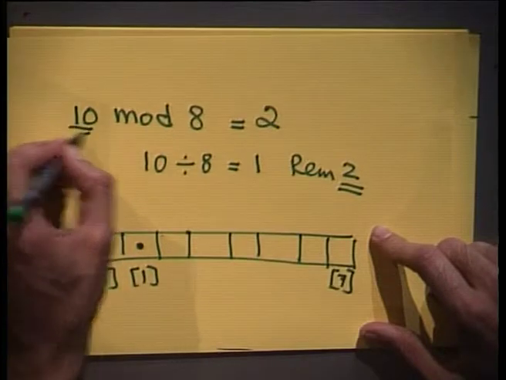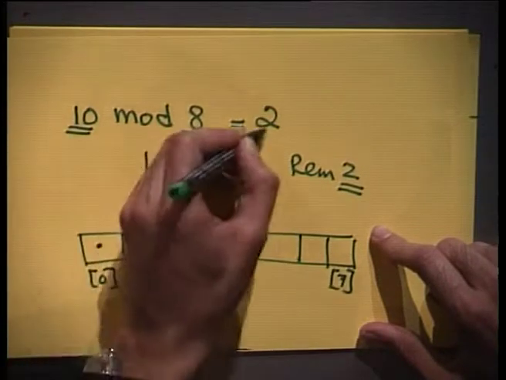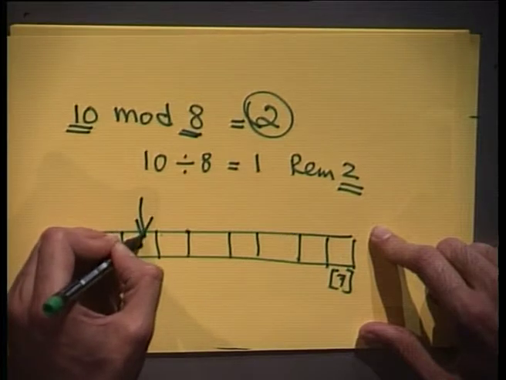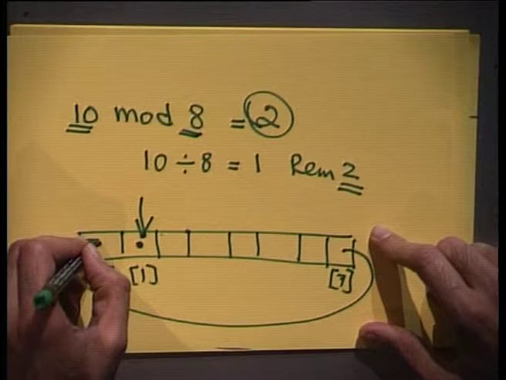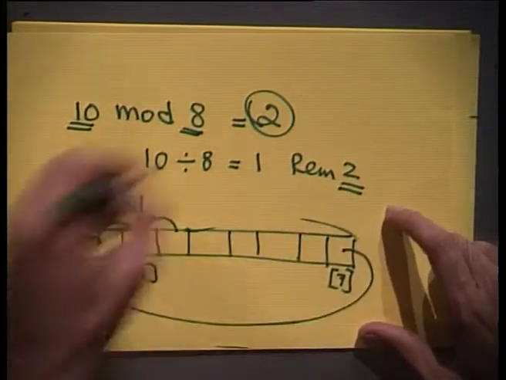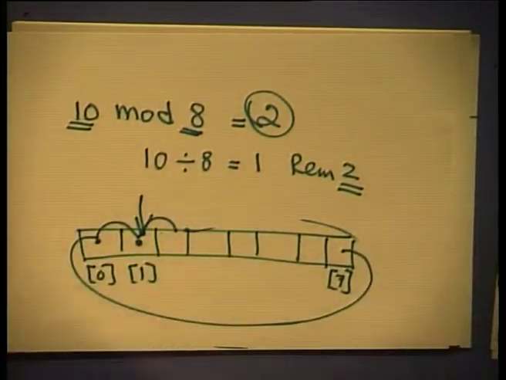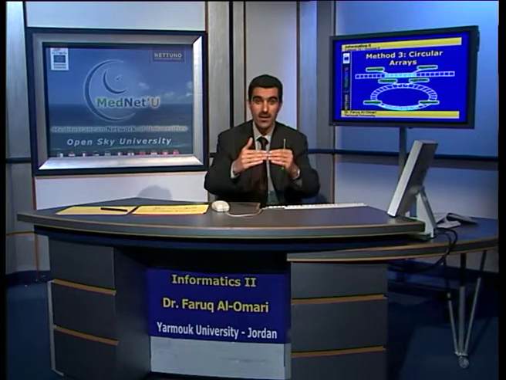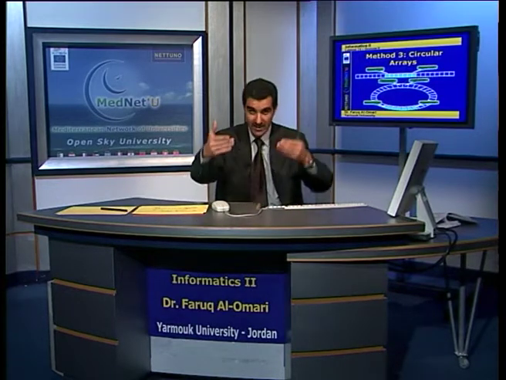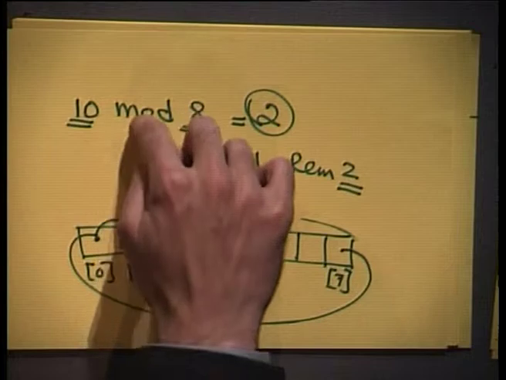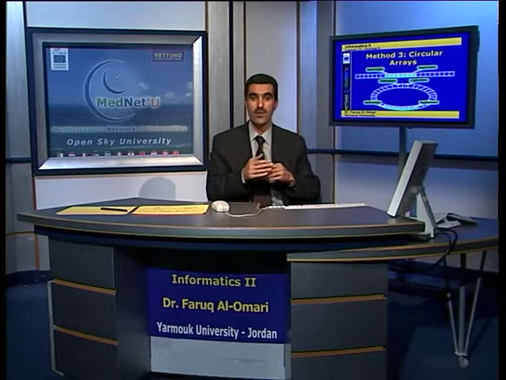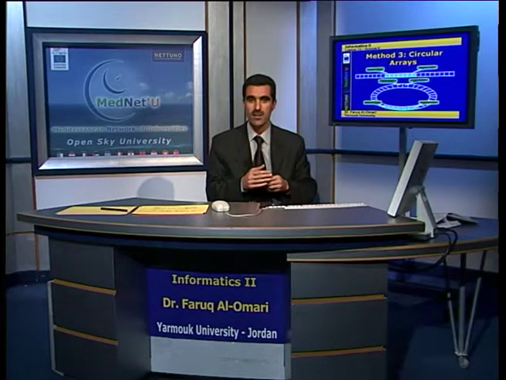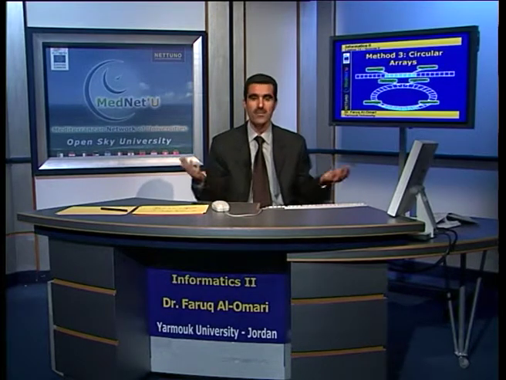So 10 modulo 8 is actually 2. That means I go to this location. Okay? So after this position, I'm going to go back here, and then here, and then here, and so forth. So I keep circulating. Physically, I don't have a circular memory, but rather a flat memory. But when I use this modulo function, I'm going to be performing the operation on a circular structure rather than a flat structure. That's basically it.